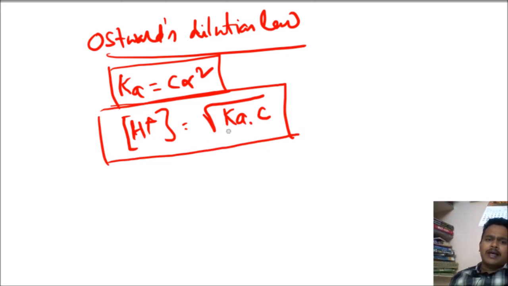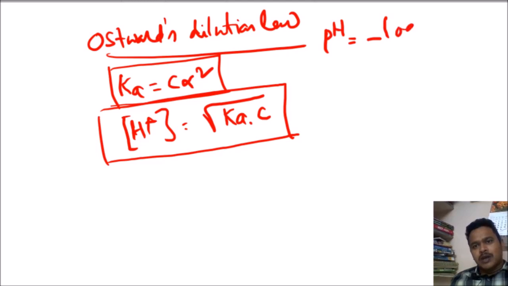And one step further, you can also derive pH. pH means what is the formula? Minus log of H plus ion concentration.